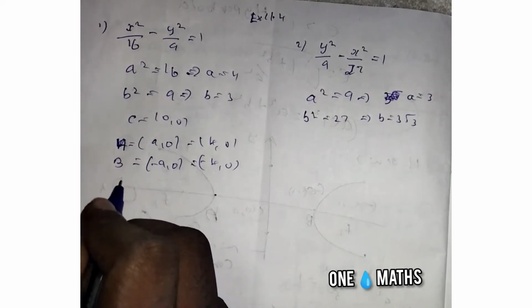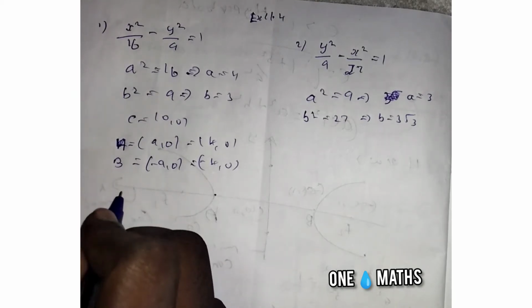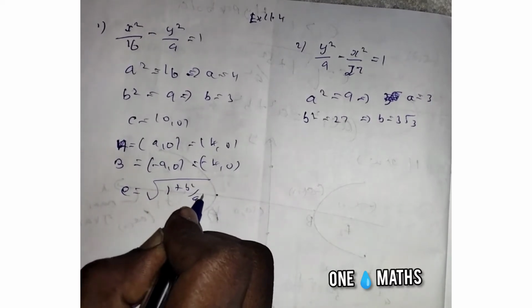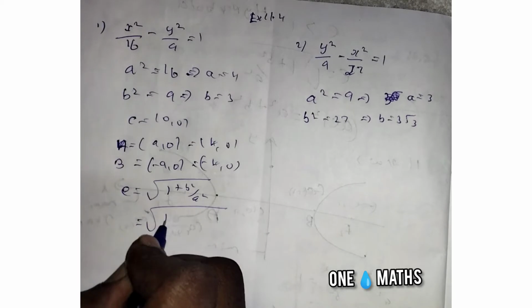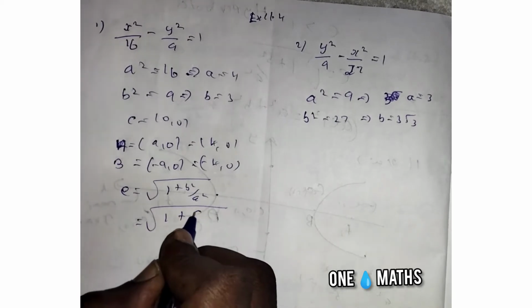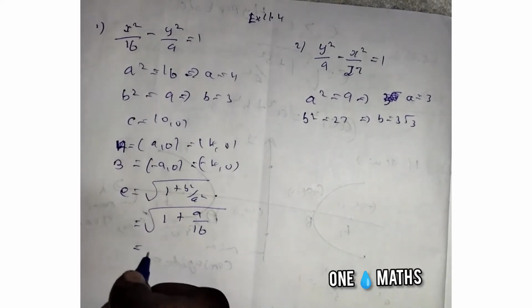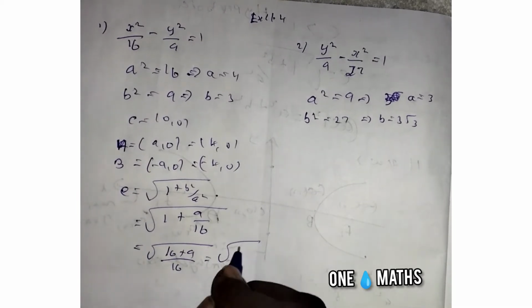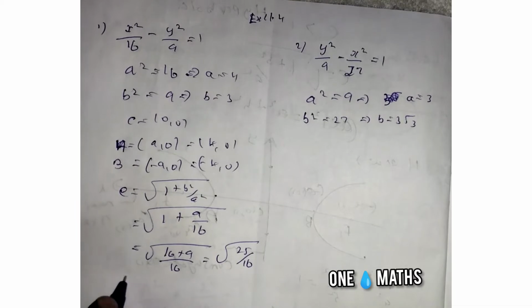Then you want to find the focus. Before that, find the e value, then only can we find ae. So e equals square root of 1 plus b squared by a squared, then square root of 1 plus 9 by 16, then square root of 25 by 16, so e equals 5 by 4.